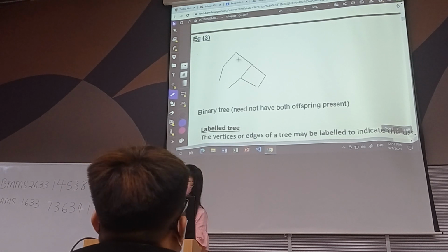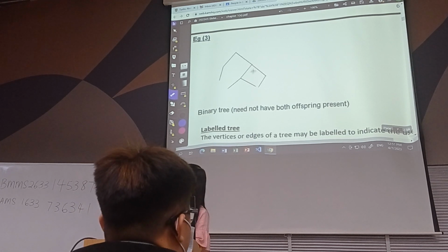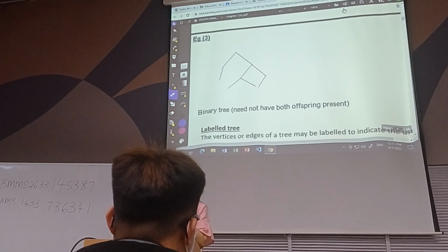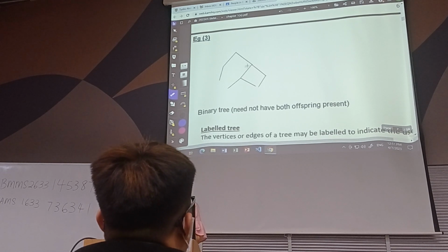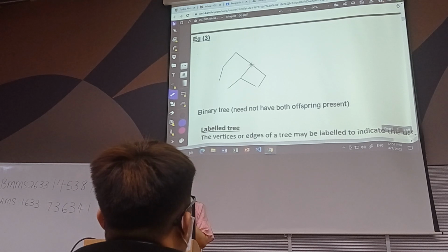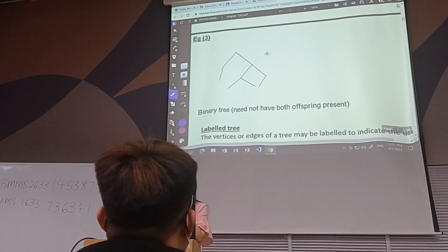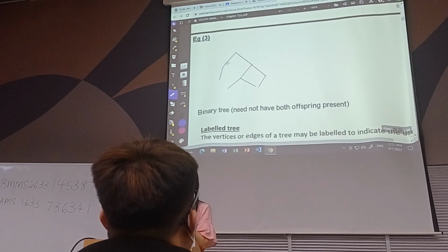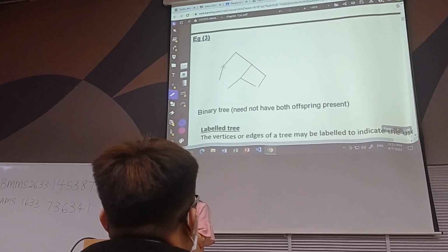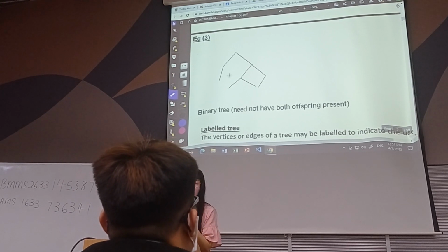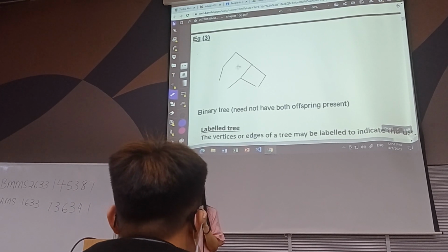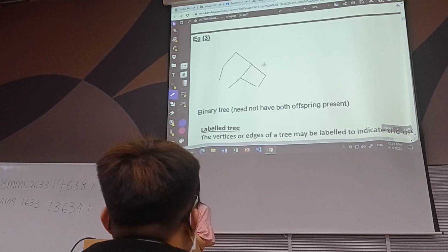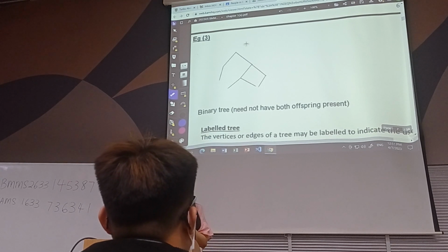Like this one, you have two here, and then two here. The maximum is two. When you say that it is a binary tree, the maximum number of paths coming out from a vertex is two. It can be less than two. Not necessarily does every vertex have two paths coming out. Okay, you can have one, but the maximum you can have is two.